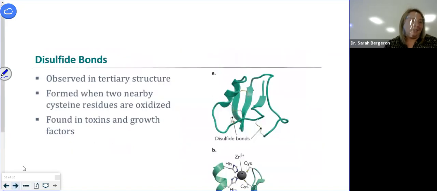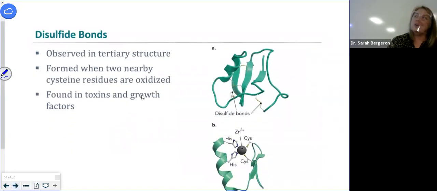Okay, so those are kind of like all those weak interactions that hold our tertiary structures together. But we do know that we can have some covalent bonds, stronger things that can hold a tertiary structure together. And one of those is a disulfide bond. So your disulfide bond is going to be forming between what 2 residues?